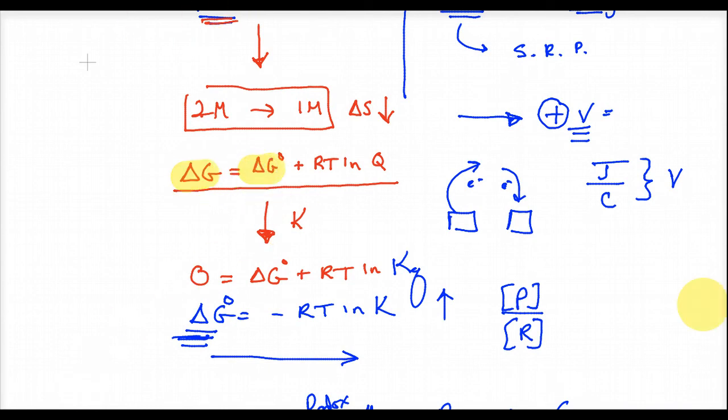Okay, so let's clean this up a little bit to see what I am talking about. Again, delta G naught, from standard conditions, equals negative n, Faraday's constant F, times E0 of cell, net potentials.